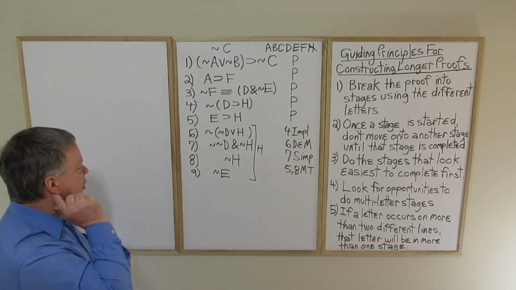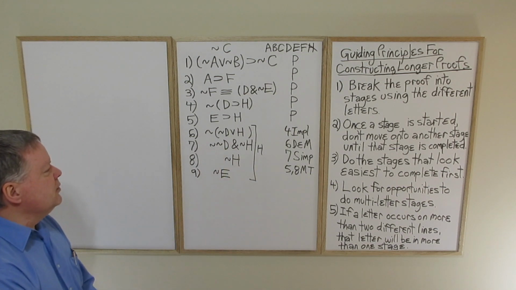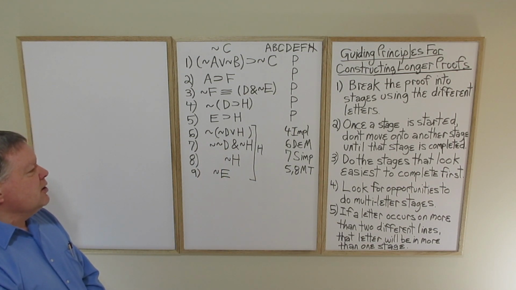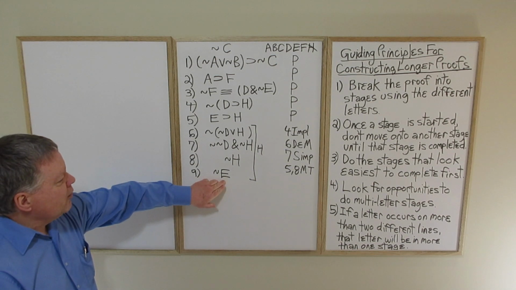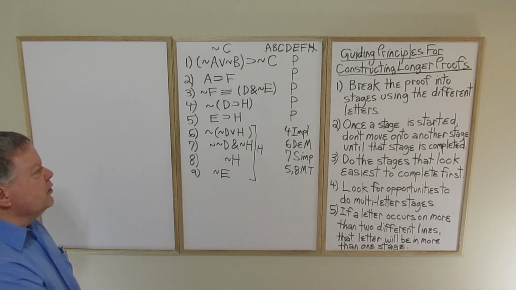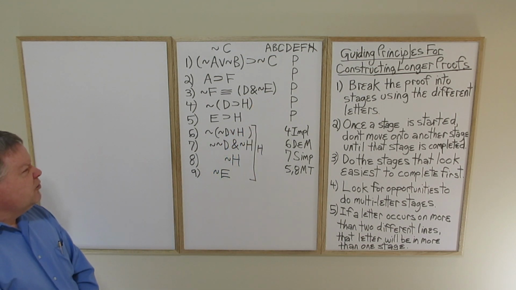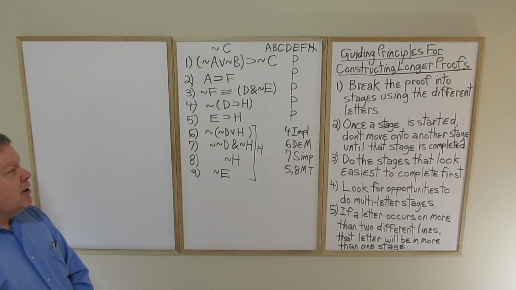If you notice, we've got the D-related information available by simplification from line 7, and we've also got E-related information on its own. If you look at line 3, one of the 2 sides of the biconditional is the conjunction of D and E-related information.